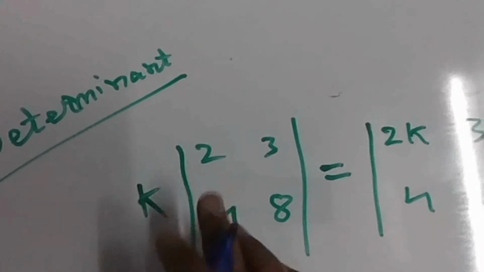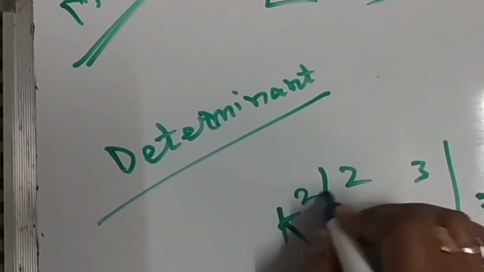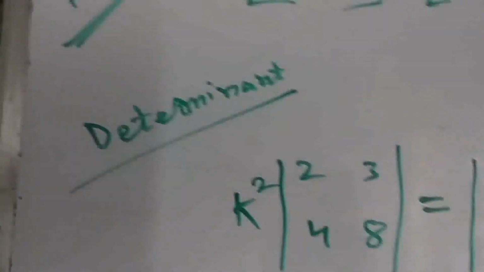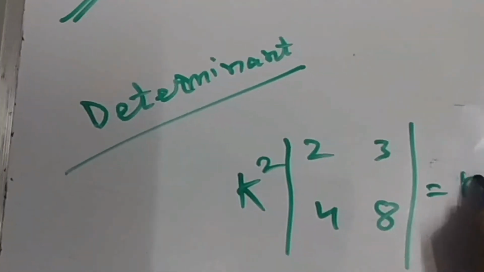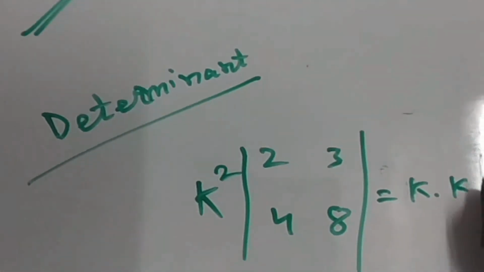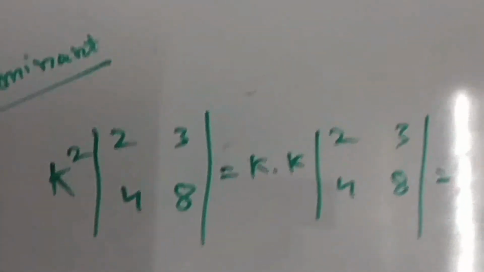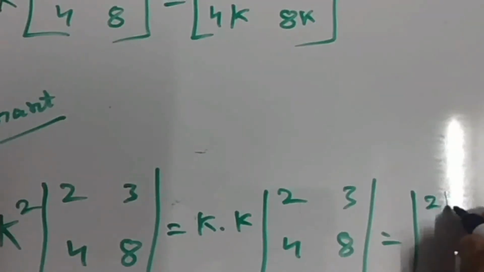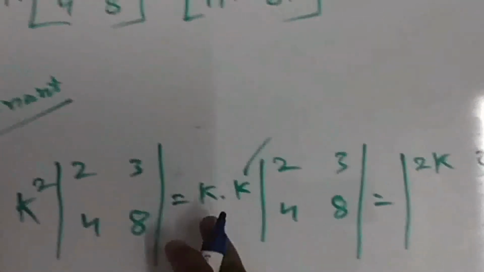Now suppose it is k square, k into k, with 2, 3, 4, 8. Now this k I am multiplying with the first row. This k work is over. This k I am multiplying with the second row.